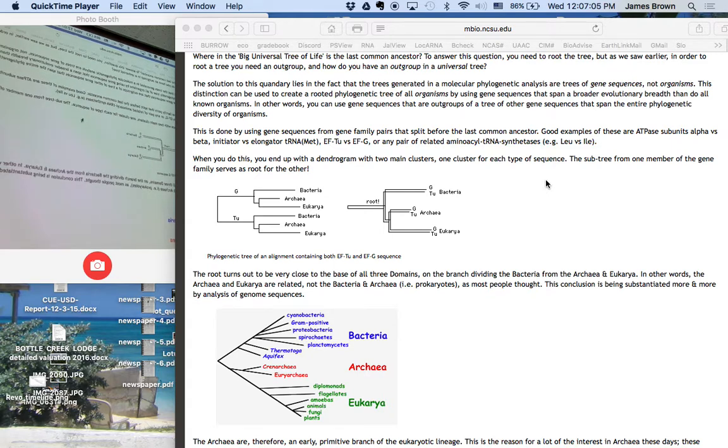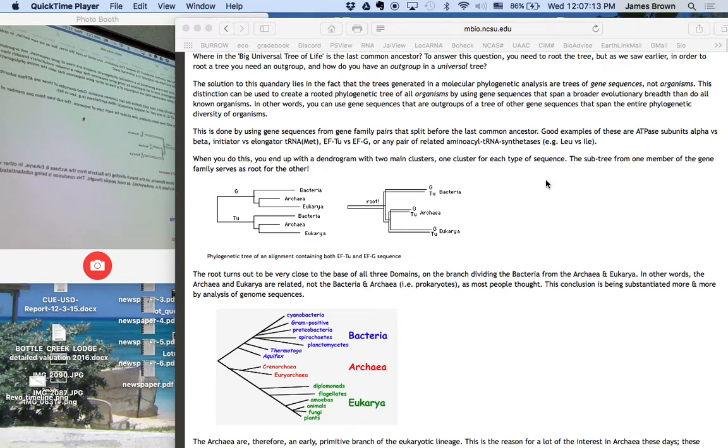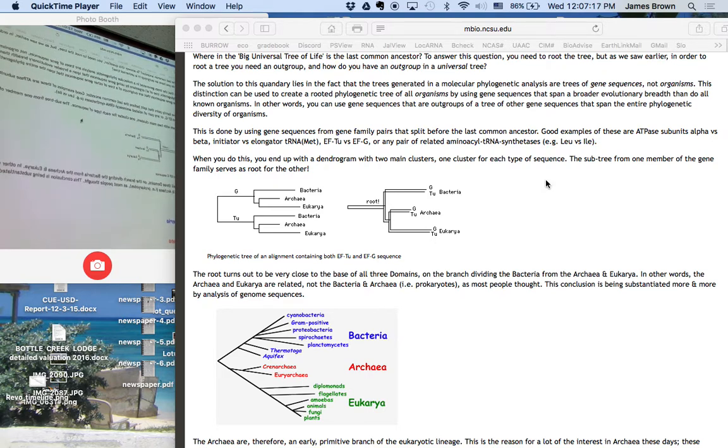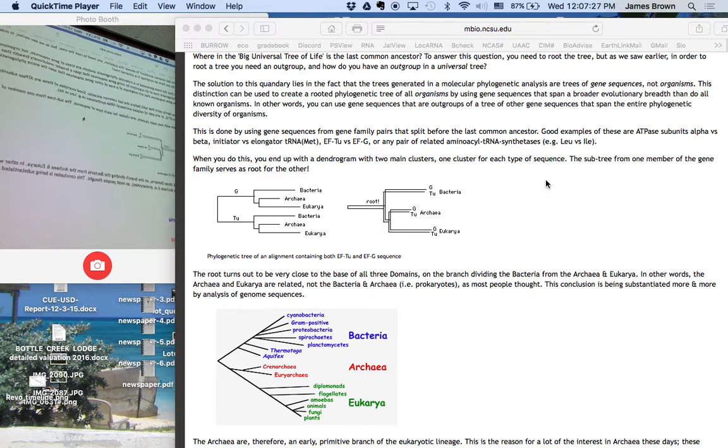In this case, then, the EFG sequences can serve as the outgroup for the EFTU part of the tree, and vice versa. And so if you focus on just the EFG part, here's a tree of EFGs. EFTU is the outgroup, and here's the root of that tree. And the same goes in reciprocal for EFTU.